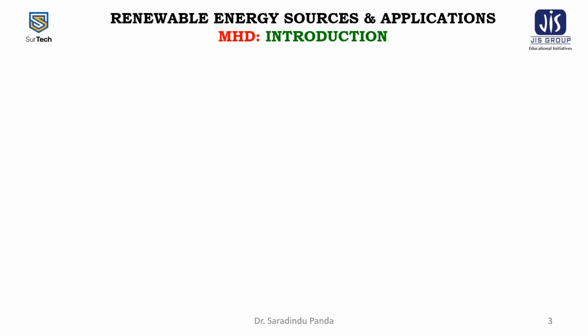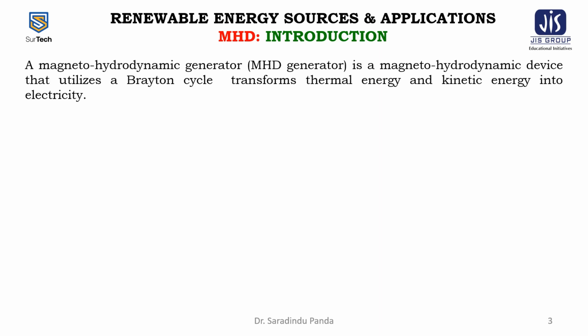MHD means magneto-hydrodynamic, and MHD power generation means magneto-hydrodynamic power generation. So the magneto-hydrodynamic generator is a magneto-hydrodynamic device that utilizes a Brayton cycle, transforms the thermal energy and the kinetic energy into electricity.